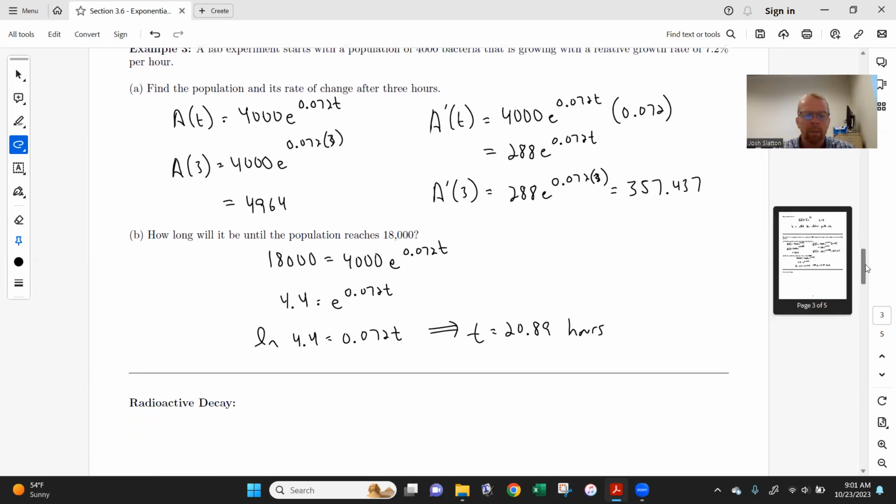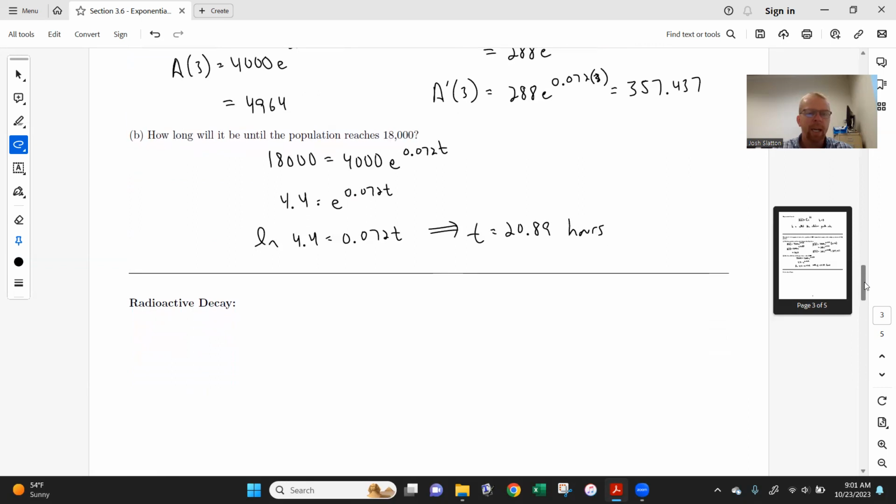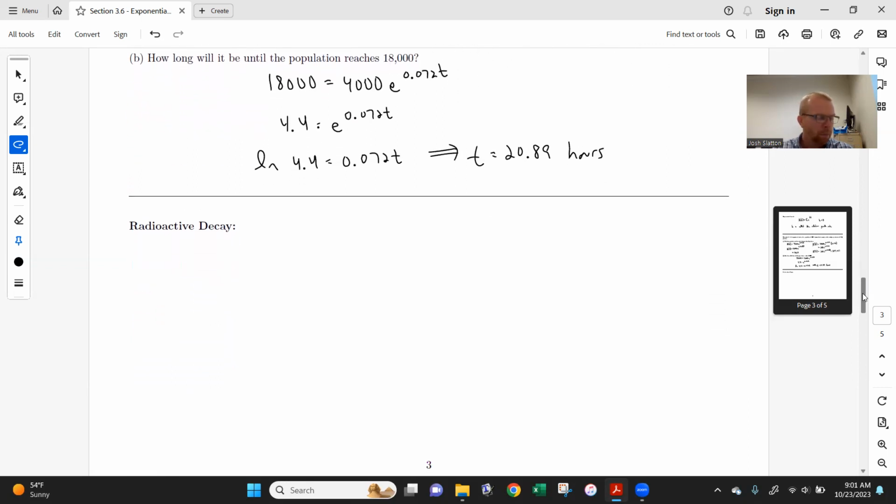All right. Now radioactive decay. And so here we're going to talk about a term that I'm sure you've seen before, and that's the half-life.